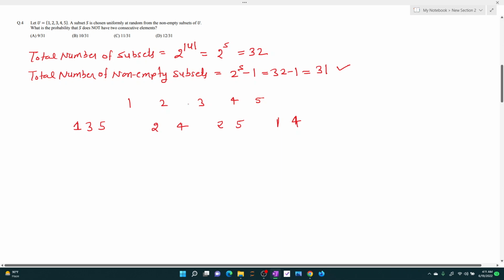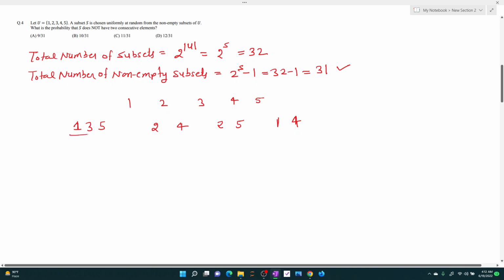Because 1 3 5 we already discussed, so every subset that contains 1, 3, or 5 will be there, but 1 4 is also a possibility, right? So anything else? 1 3, 3 5 we already discussed, 2 4 we already discussed, so 2 5 was a possibility, 1 4 was a possibility, right? So 2 4 and 2 5 are the possibilities, right?